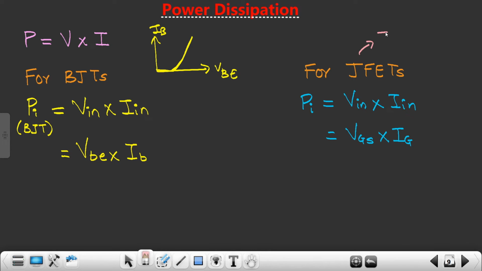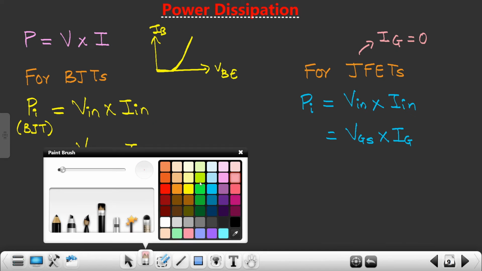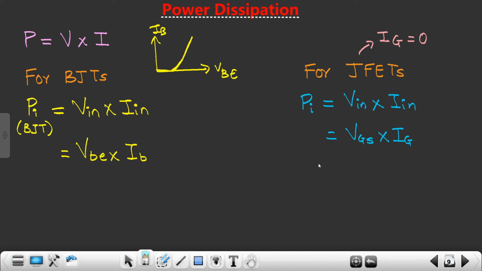So for a JFET, the gate current IG is 0, and when I say the gate current is 0, therefore the power dissipated in the case of JFETs, Pi, would be 0 ideally.